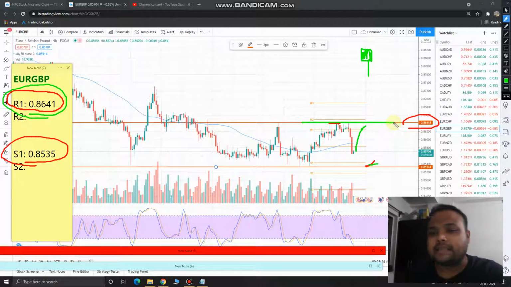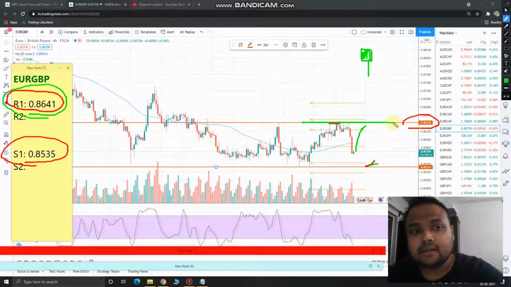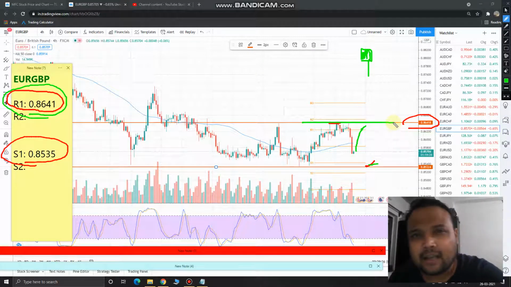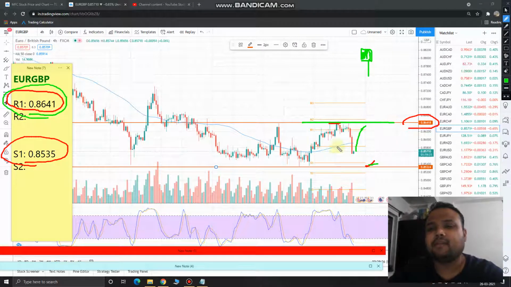Then there is a high chance that market will again reverse from the resistance zone. Once you see that market is reversing from the resistance, short the market again, then you will definitely be making some good money.